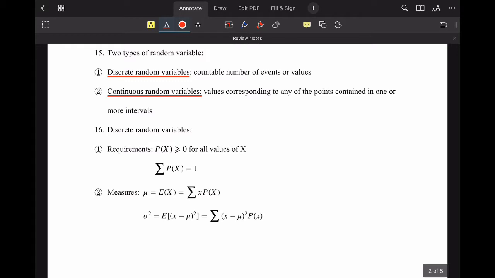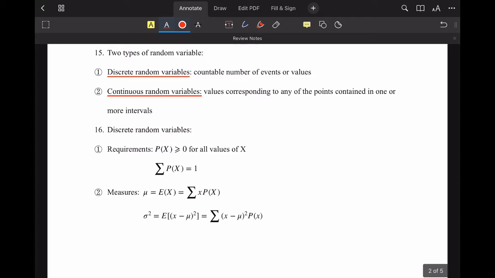It's not continuous. And the second one, of course, is continuous. There could be an infinite number of sample points, and those sample points can be continuous. They don't have a very foreseeable distance between each other.